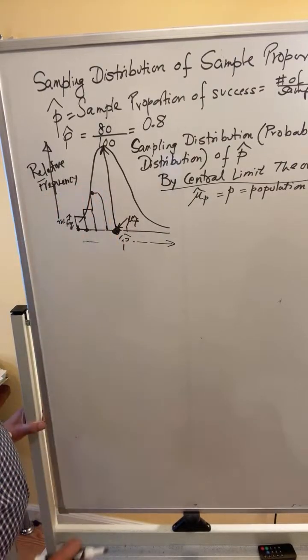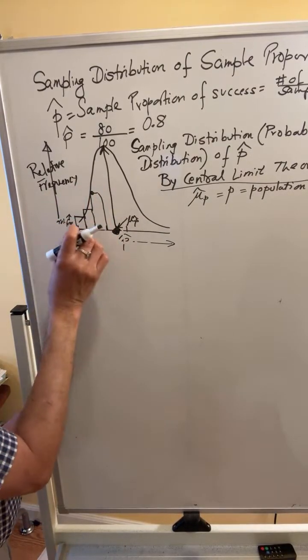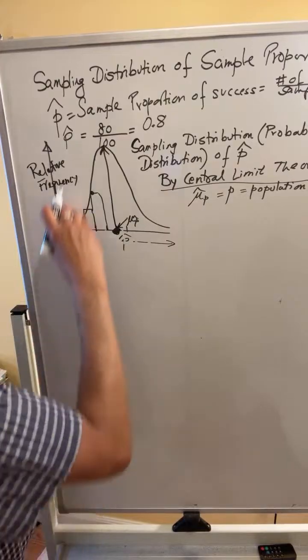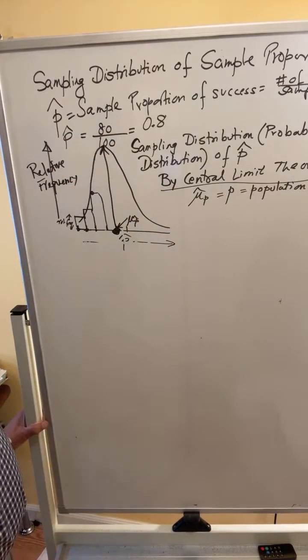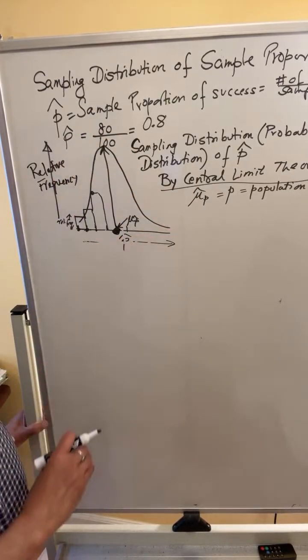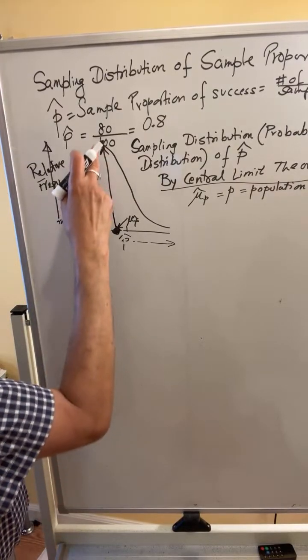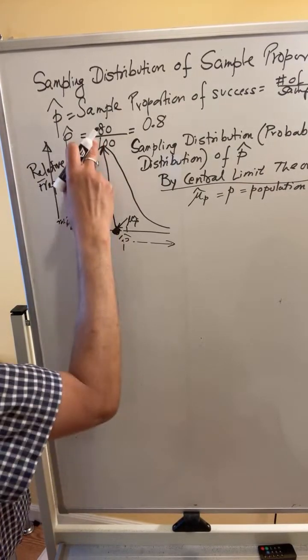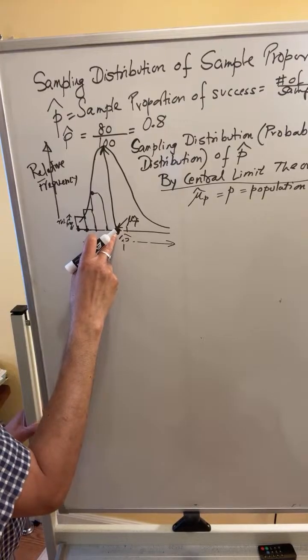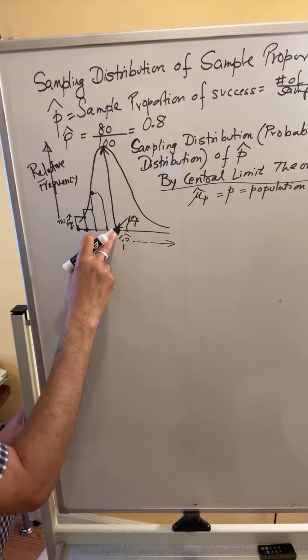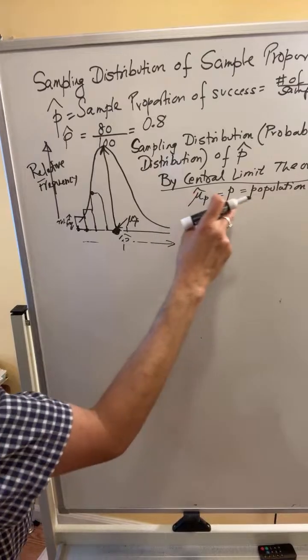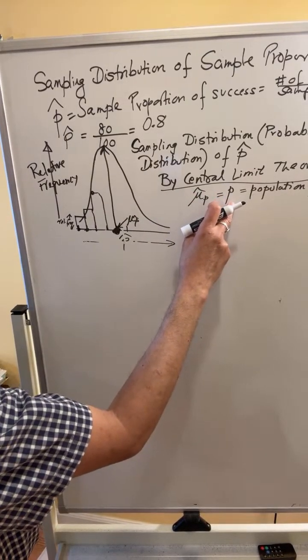Remember, the heights are relative frequency or proportion of p hat in each group. When I complete the bell-shaped curve by joining the top roofs with each of these vertical rectangles, the peak where the relative frequency is the highest is the center of this distribution, or the mean of this distribution, and it is equal to the population proportion.